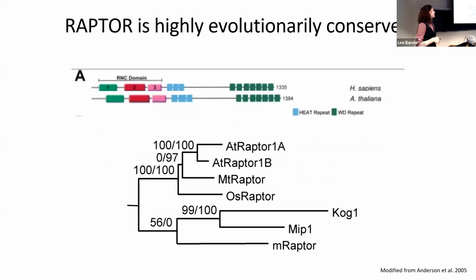Funded by the NIH. And you can see they're very close together. This is another little diagram that shows the different Raptor orthologs in yeast and rice and mammals, again, very closely related to each other. And some people in this room will know one or other of these different genes.